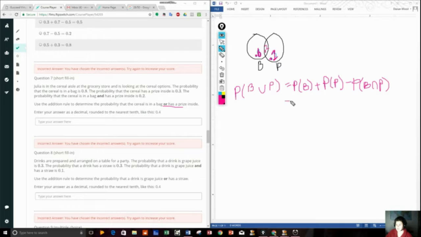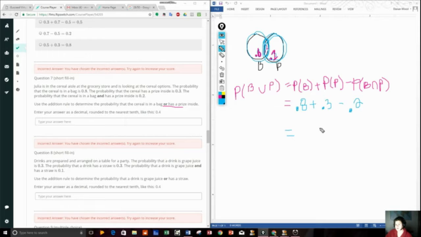Okay, so the total probability of it being a bag is this entire circle, which was 0.8. Notice that it includes that intersection. Plus the total probability of it being a prize, the total is 0.3, minus the intersection, because that was included twice, so we're going to minus 0.2.